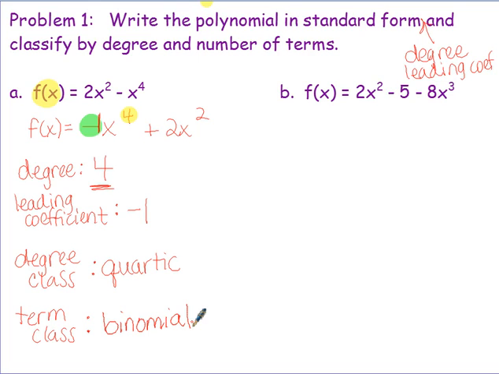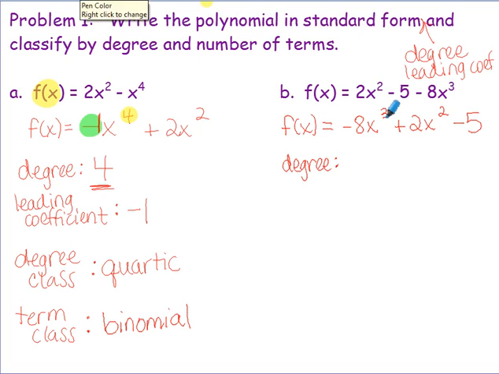Okay, so let's see how you did. First of all, standard form, the highest exponent is 3, so negative 8x to the 3rd. The next highest exponent is 2, so plus 2x squared. And then the last one is just this whole number all by itself. Hopefully, you knew that the degree, the highest exponent, is 3.